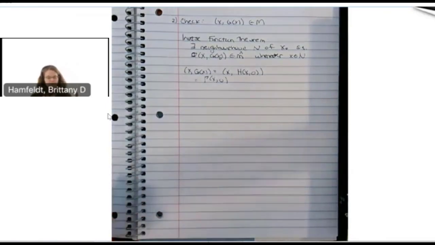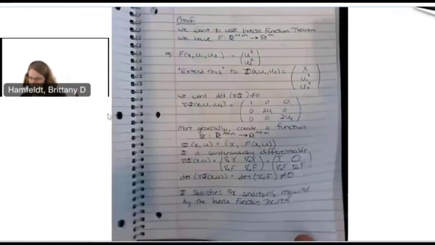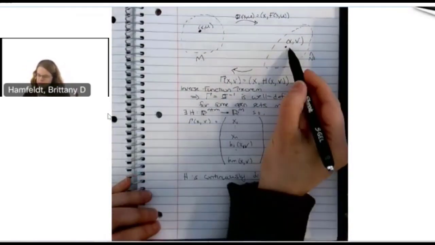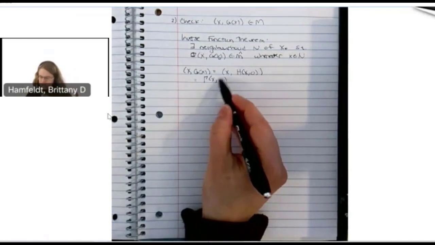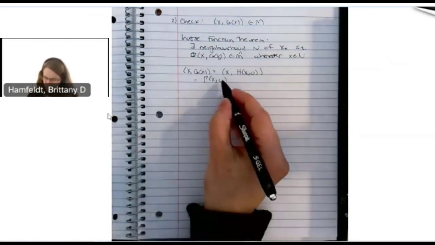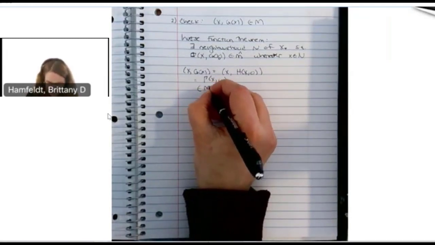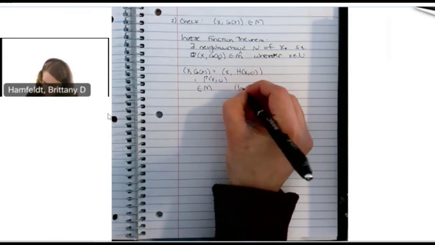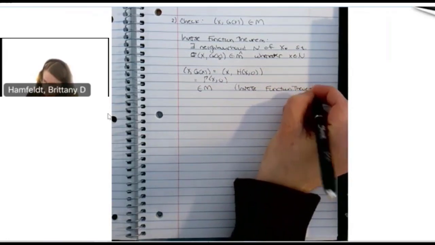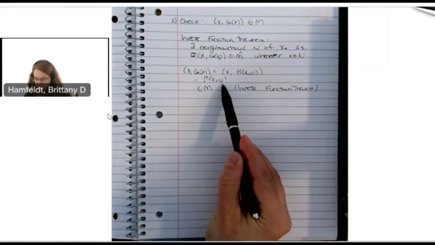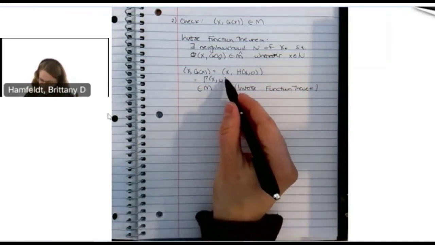Okay, and what do we know about our gamma function? Let's find our picture. Our gamma function is going to take us back to our original manifold. Our gamma function would do this for a much wider range of points, but in particular, it's going to do it for this point. So our gamma function is going to come back to our original manifold by the inverse function theorem. Right, again, it would do this for many other values of v, but in particular, it will do it for v equals 0.